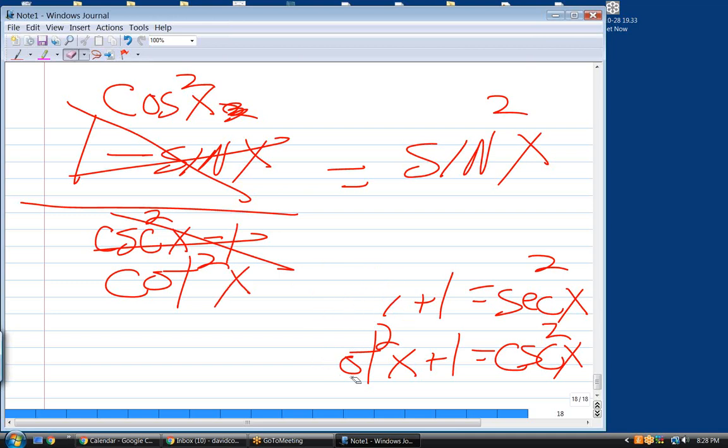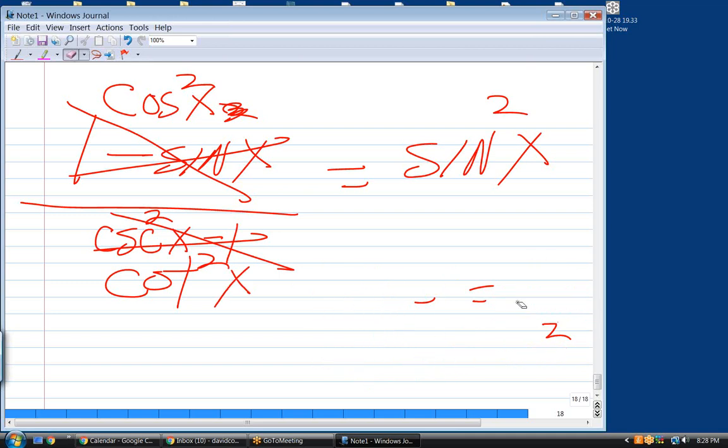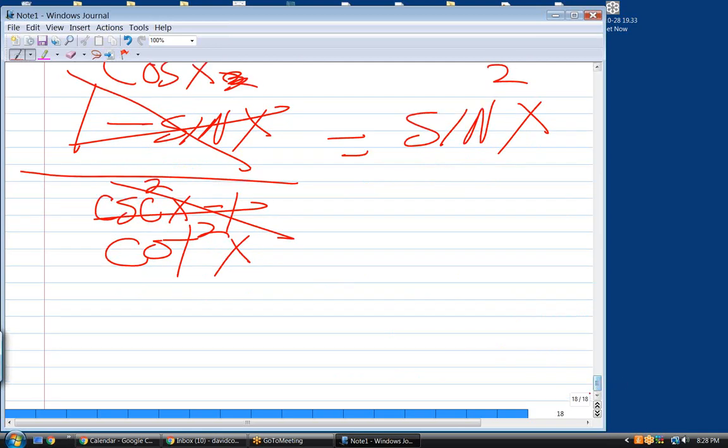Now I've got cosine squared, and instead of cotangent squared, I'm going to use the quotient identity, which is cosine squared over sine squared.